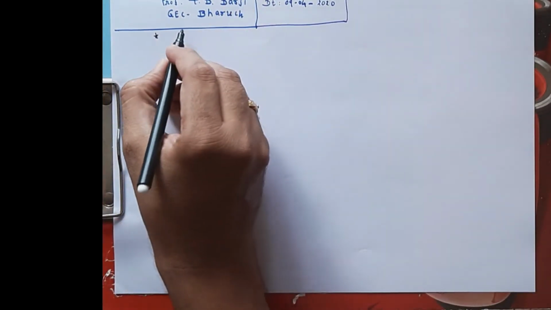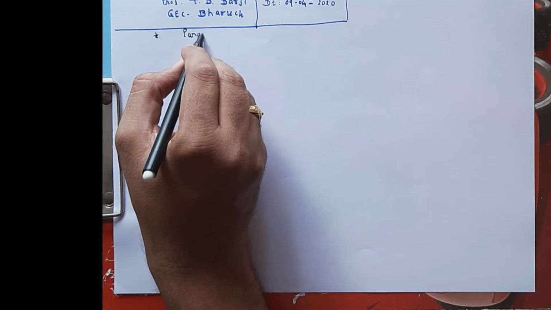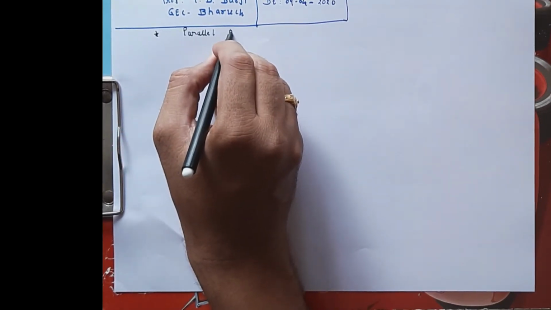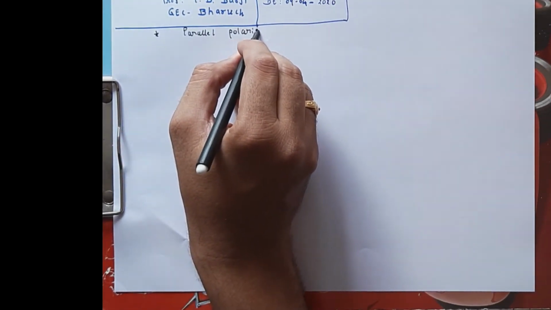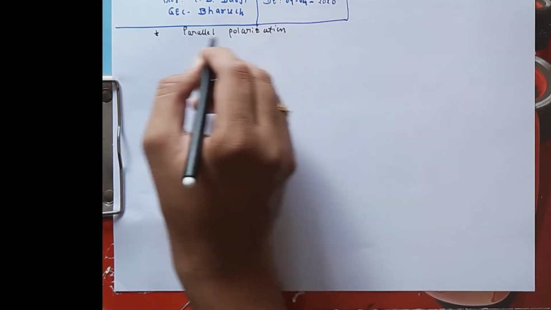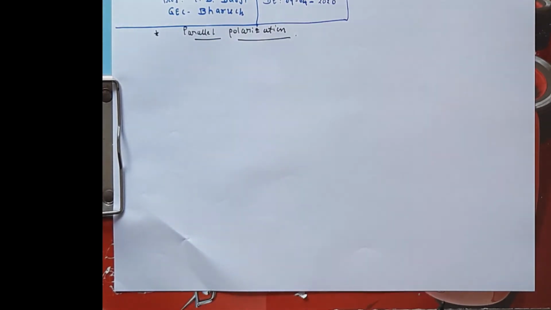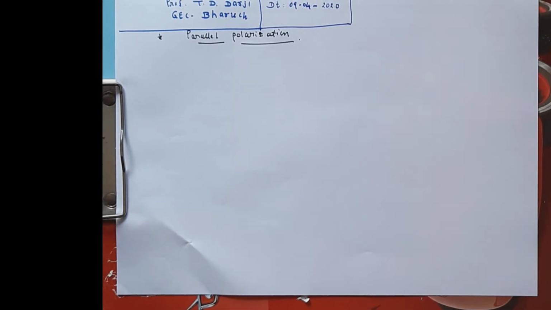So first is parallel polarization. What does polarization indicate? Polarization is nothing but the direction of the electric field or the magnetic field.